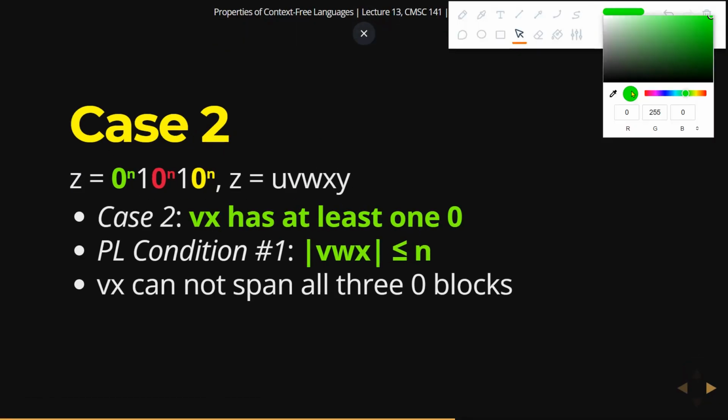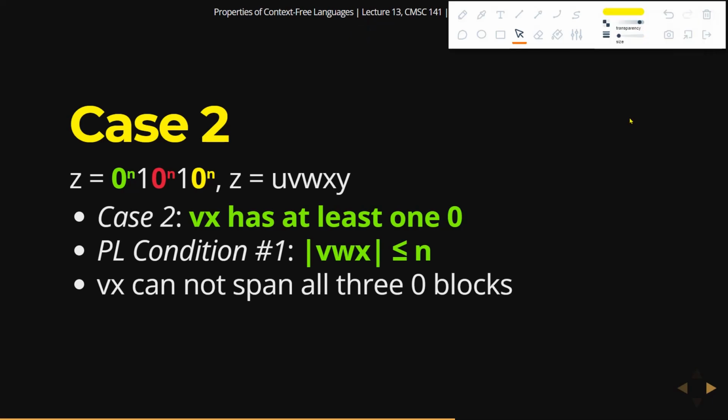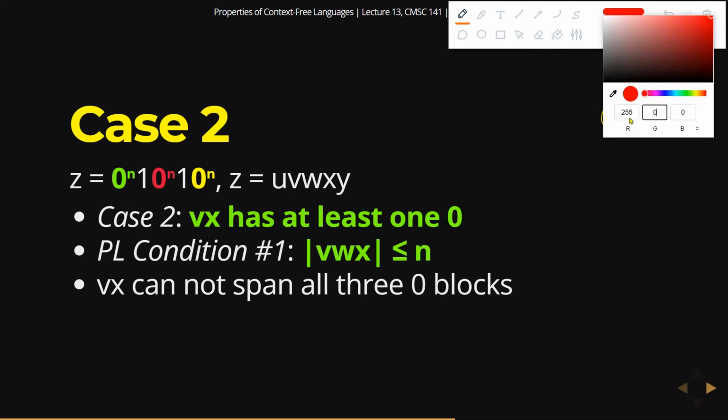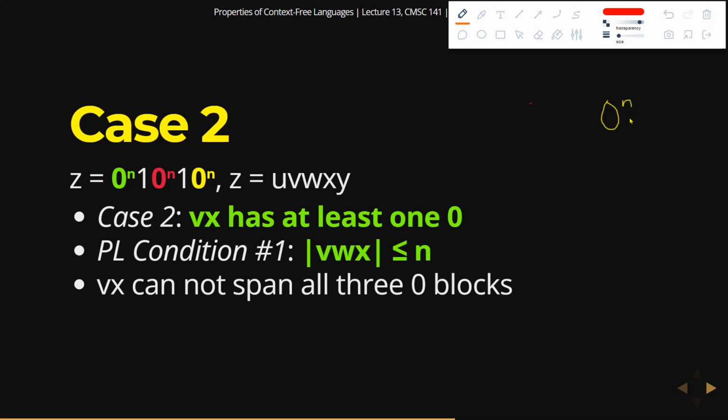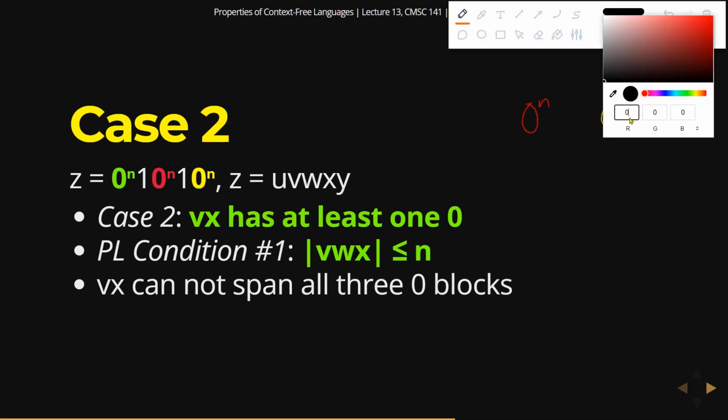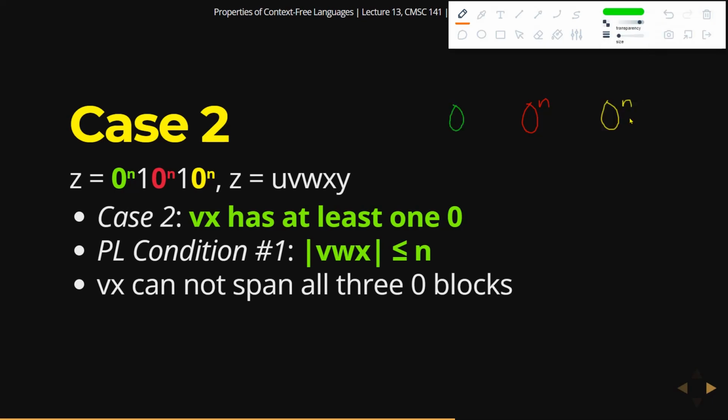Let's see. I'll draw that one here. Have the 0^n, and then the 0^n here, and then the 0^n here.